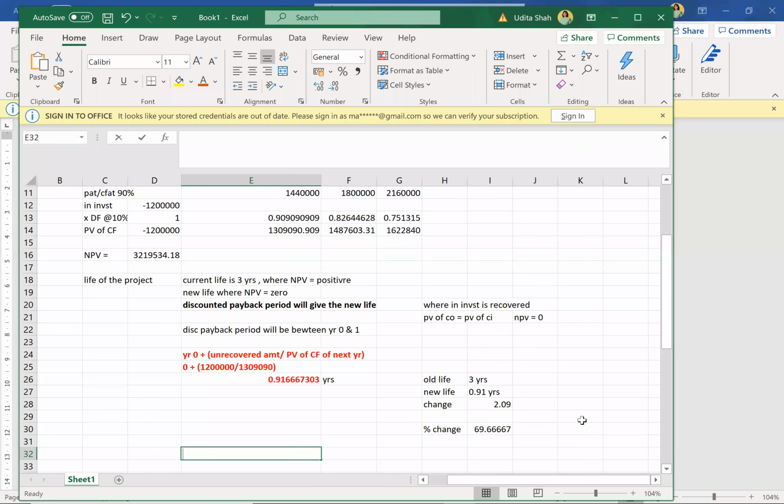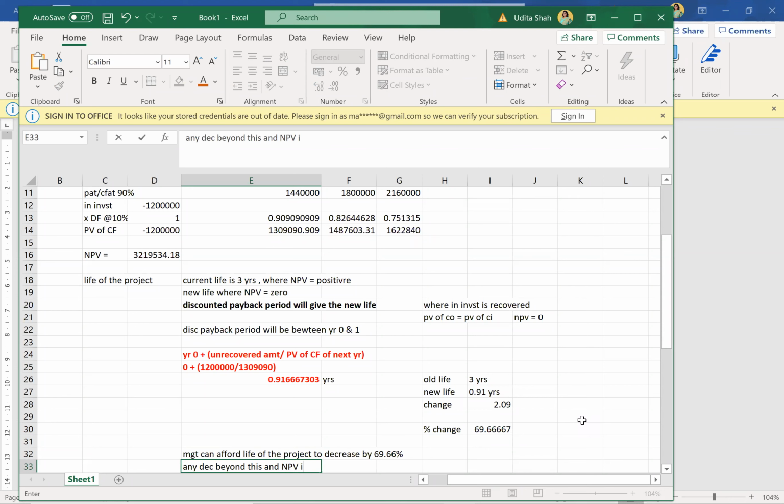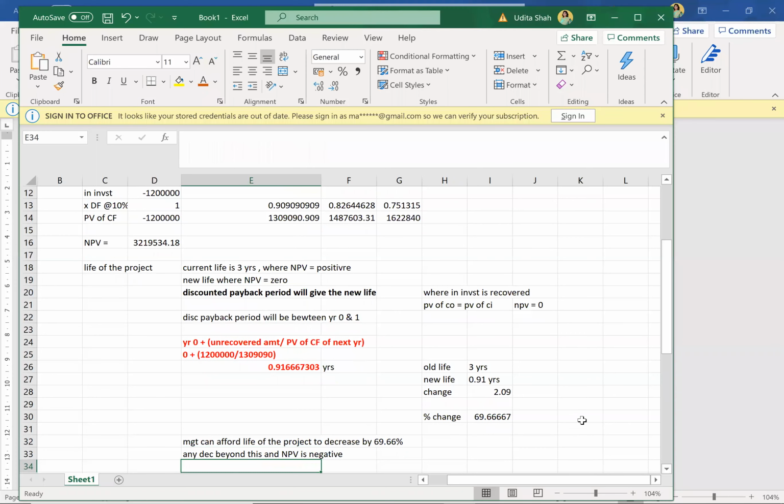So management can afford life of the project to decrease by 69.66%. Any decrease beyond this and NPV becomes negative.